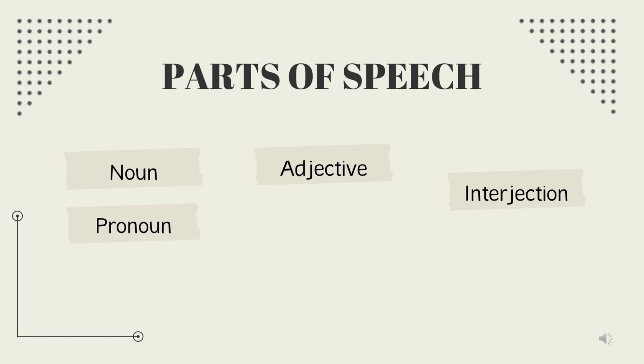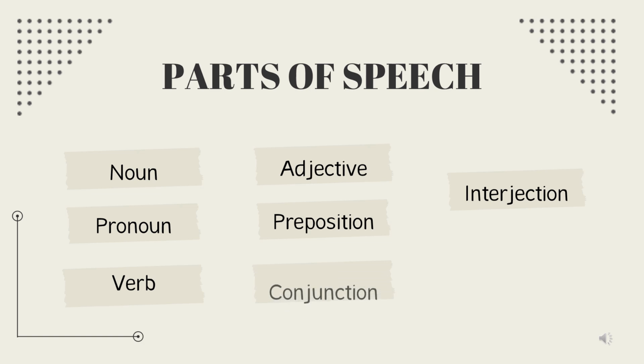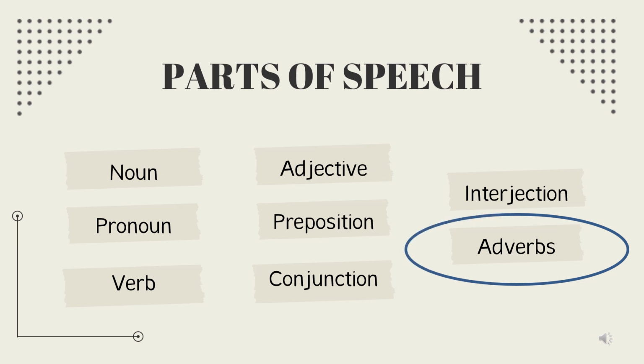Pronouns that stand in for nouns. Prepositions that show relationships. Verbs that bring our sentences to life with action. Conjunctions that connect our ideas. And finally, we have the last one on our list, the versatile words that often modify those very actions, adverbs. And that is exactly what we will be exploring in today's lesson.